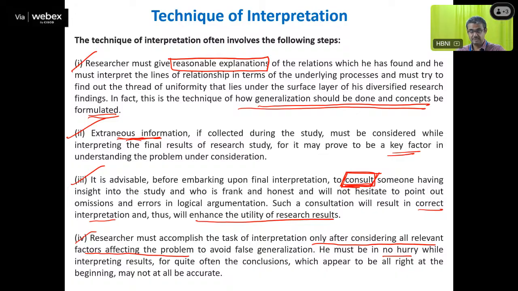And finally, you take your time and propose the generalization only after considering all factors affecting the problem, so that you are foolproof about your conclusion, and the conclusion is not erroneous or false, or whatever relationship you establish is repeatable, right?